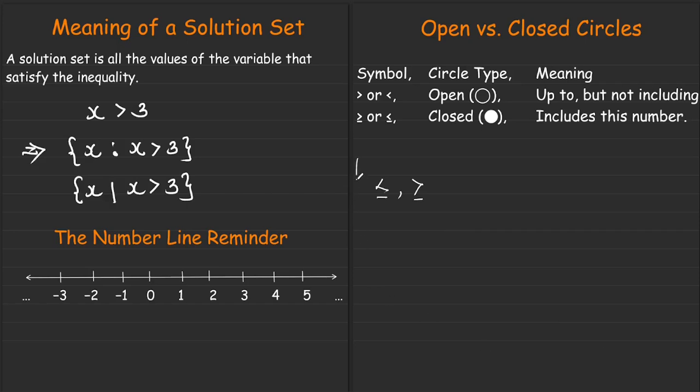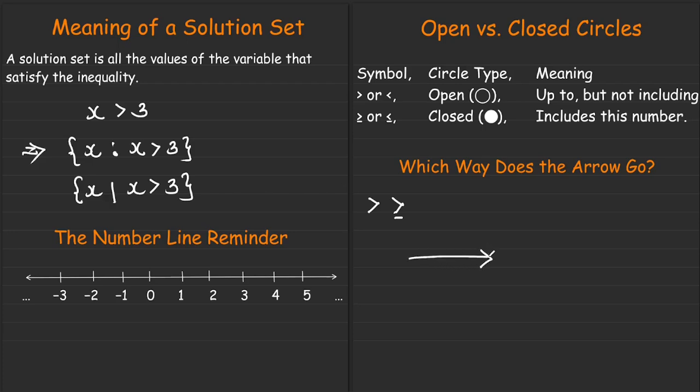Now that we know the circles, where does our arrow go? The direction of the arrow is the simplest part when it comes to graphing inequalities on a number line. When you are using greater than or equal to, it's just like putting a line up here.